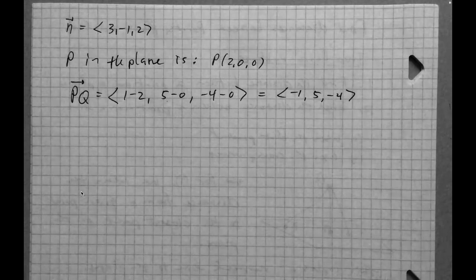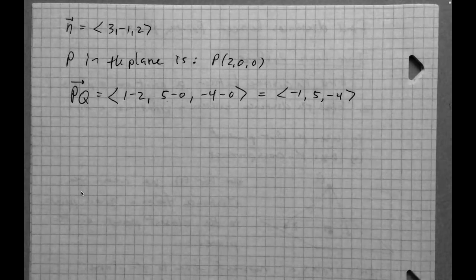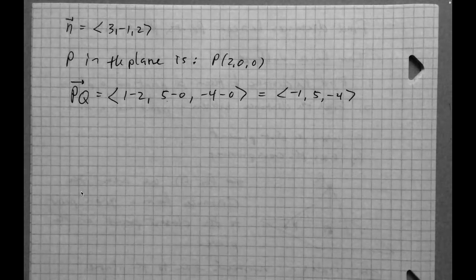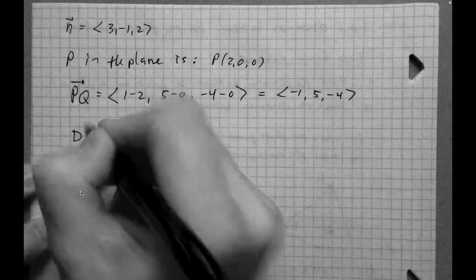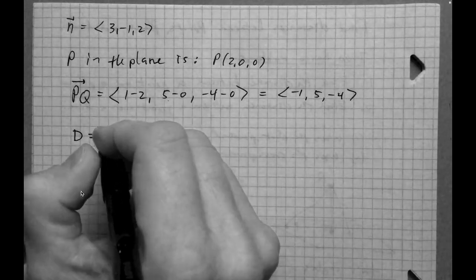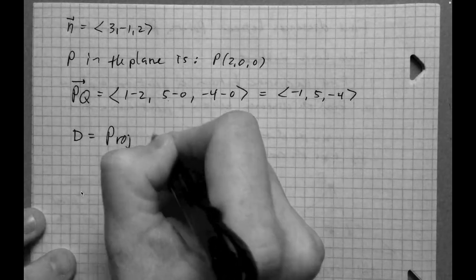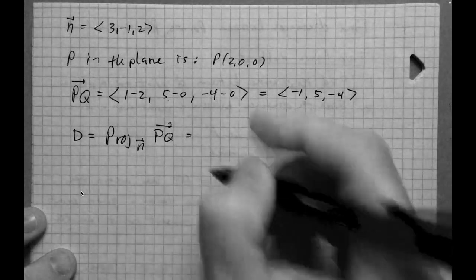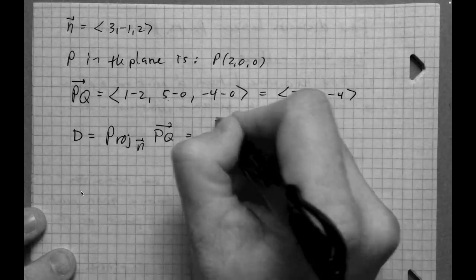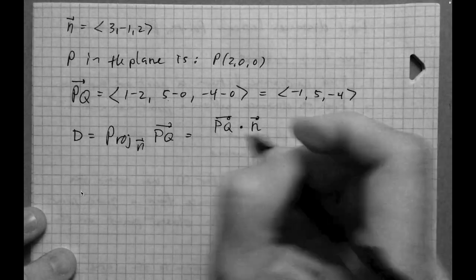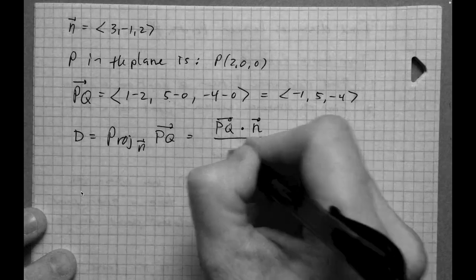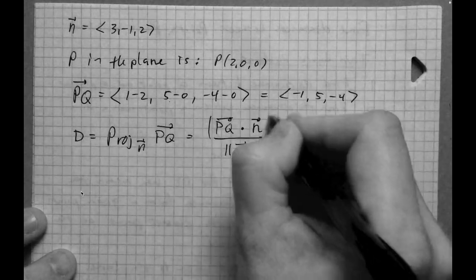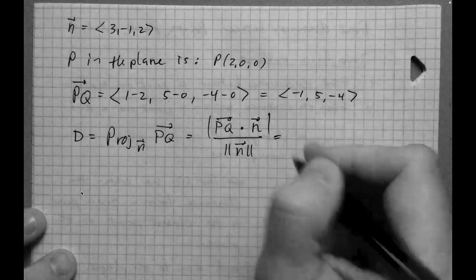Remember, what we're interested in here is the projection of PQ onto n. So the distance is equal to the projection of PQ onto n. That's found by taking PQ, dotting it with the normal vector, and dividing by the norm of the normal vector. And that's going to be the absolute value of the dot product up top there.